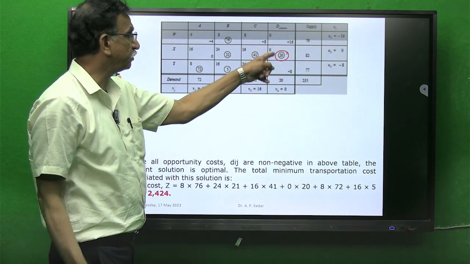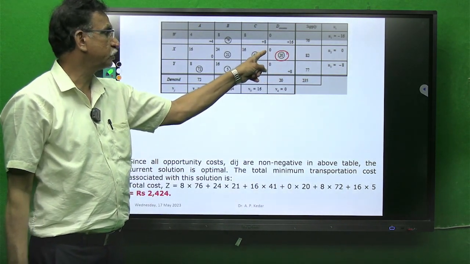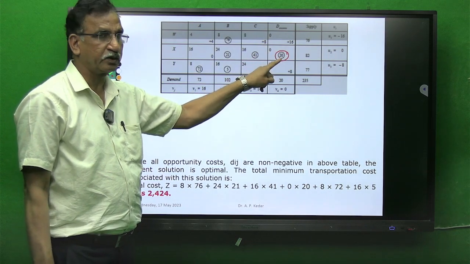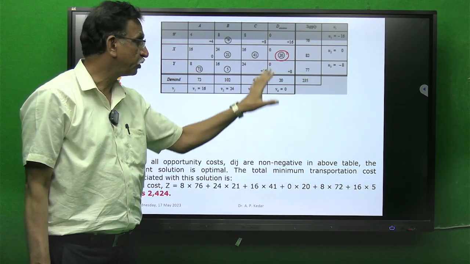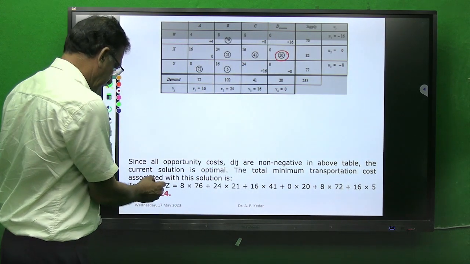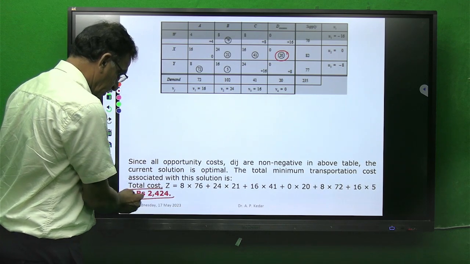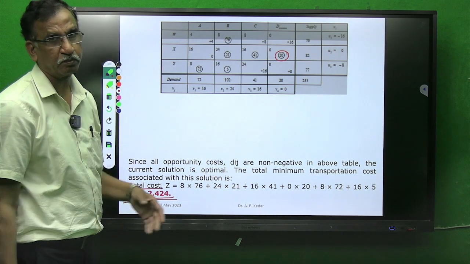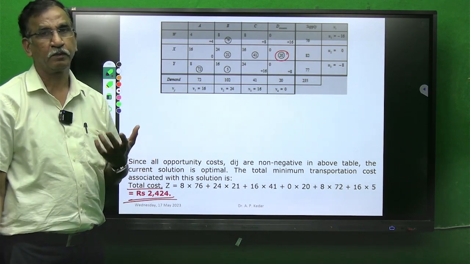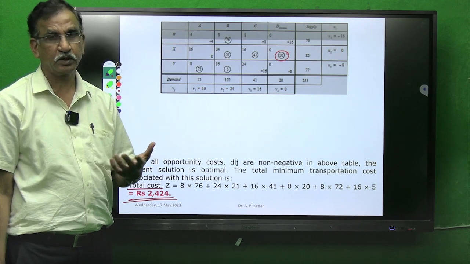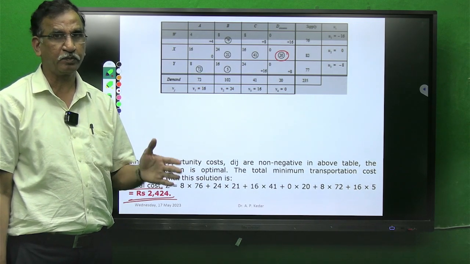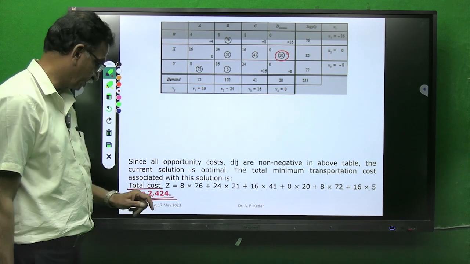Since it is dummy demand, the cost is 0, and 0 multiplied by 20 has null effect. So it will not affect your final cost for this particular problem, once you solve it initially by VAM and optimize by the modified distribution method.